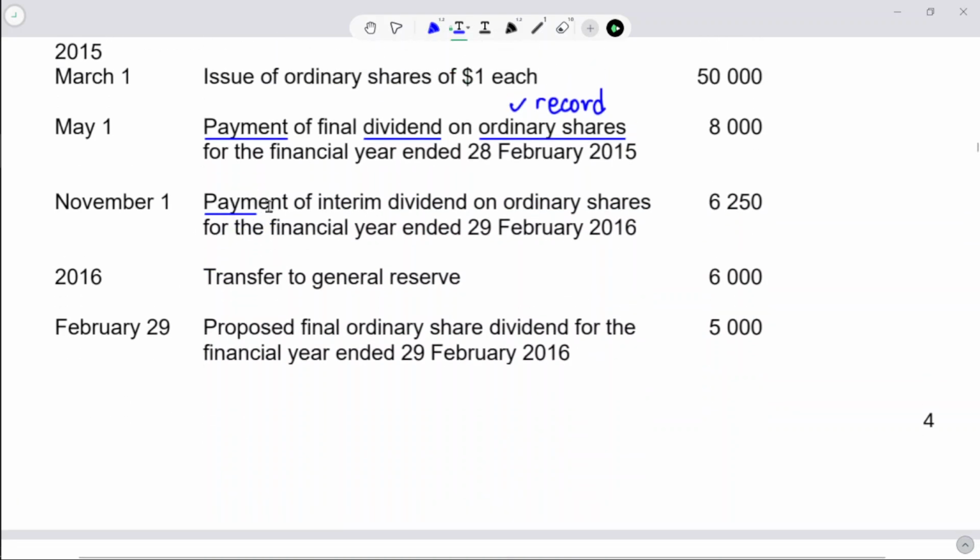Next one is a payment of ordinary shares dividend paid, so this one we also record. This transfer to general reserve we record later. Proposed is actually not paid, so don't record. You just cross this out and don't do anything.